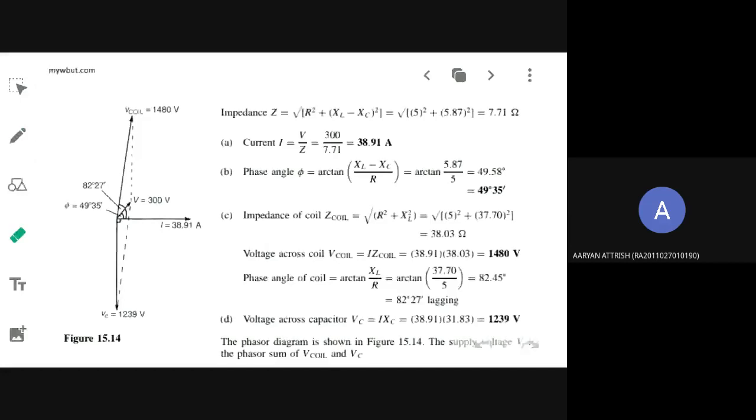Seven point seven one is correct. Then current is V by Z, 38.9.